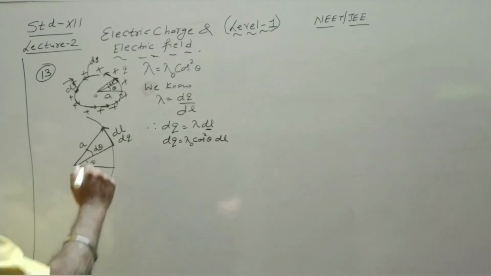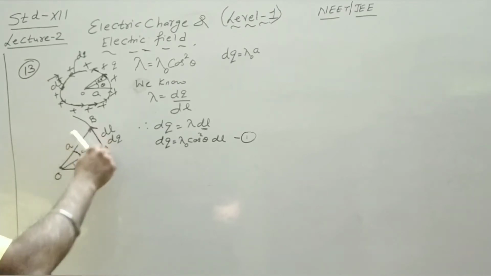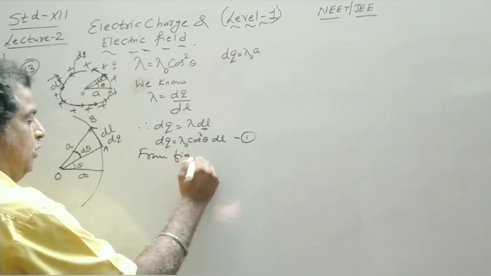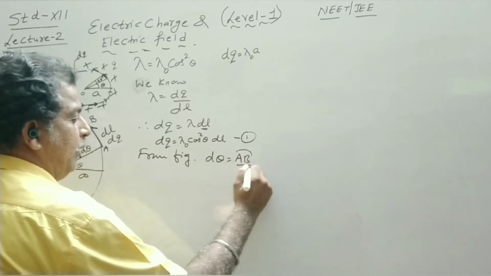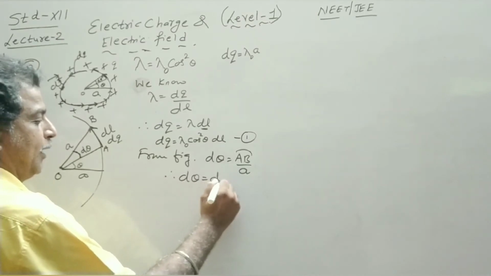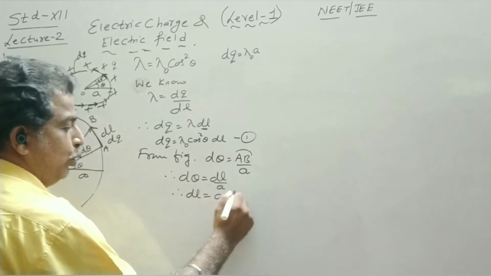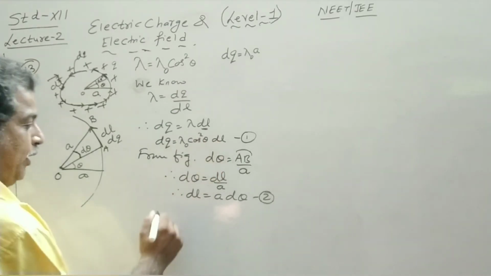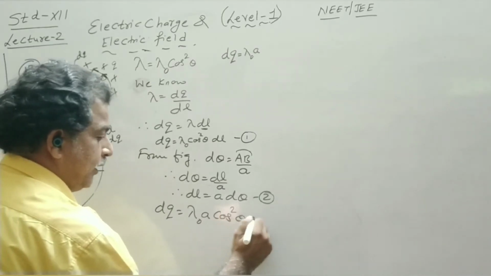From the figure, d theta is equal to arc AB upon radius. A is the radius, and the arc is the line element dl, so d theta is equal to dl by a. Therefore dl is equal to a d theta, that is equation number 2. We substitute equation 2 in equation 1. So dq is equal to lambda naught a cos square theta d theta.